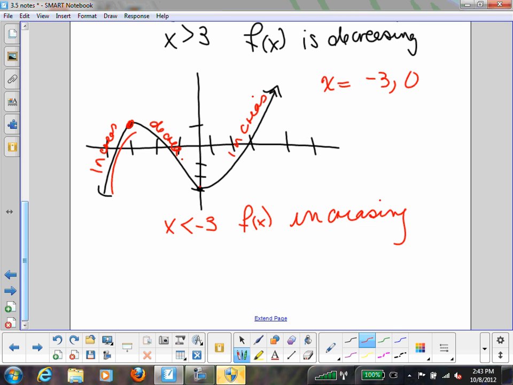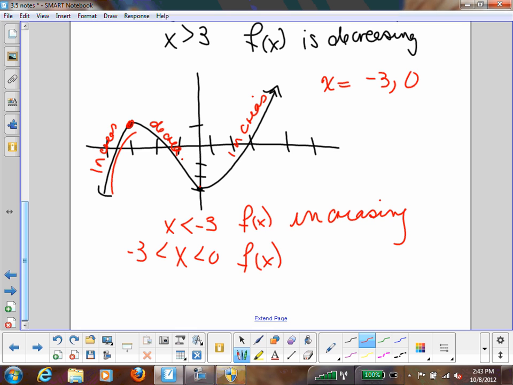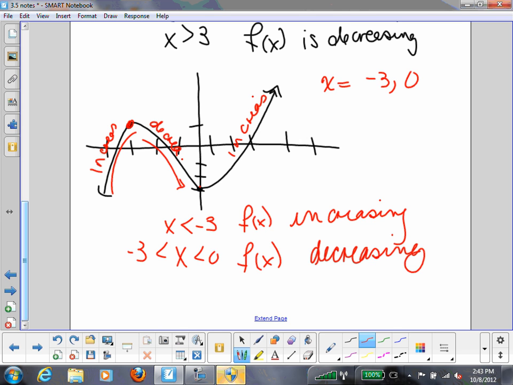When it's between what? 0 and negative 3, what is my function doing? It's decreasing. All right, so we've taken care of increasing, decreasing, and now we got to say one more thing about increasing. What's my last statement going to say? x is greater than 0. My function is, again, increasing.